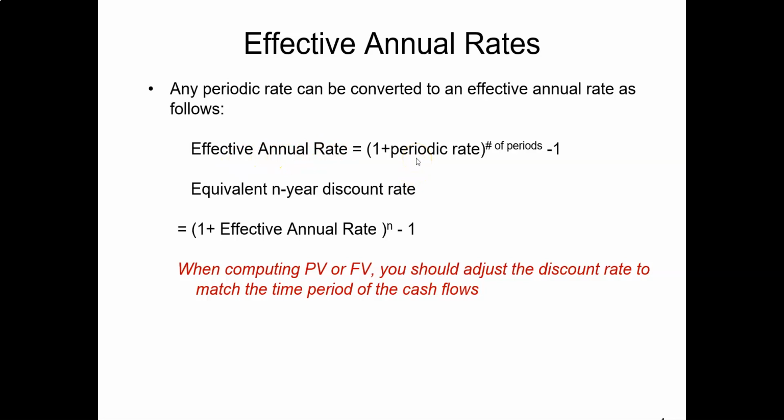If we have the monthly cash flow, then we use this monthly periodic rate, and we use 1 plus monthly interest rate to the power of 12 months minus 1 as the effective annual rate. If it is a quarterly cash flow problem, then we use 1 plus quarterly interest rate to the power of 4 quarters minus 1. Then we will get the effective annual rate for this quarterly problem.